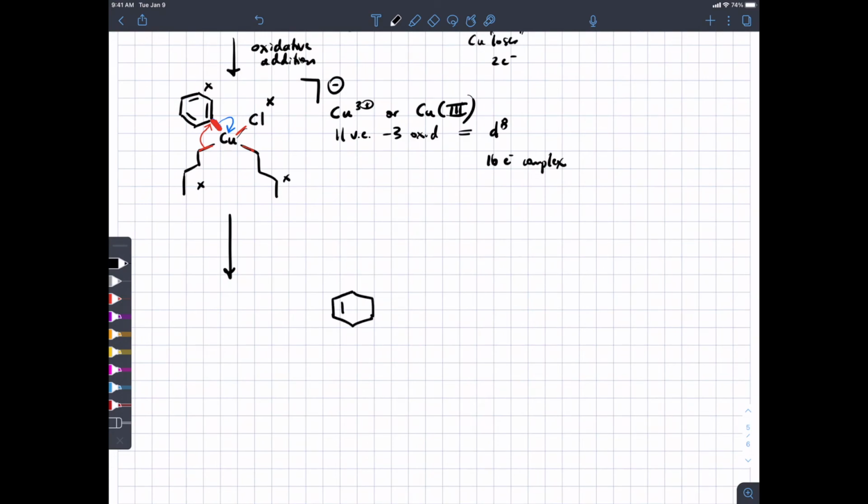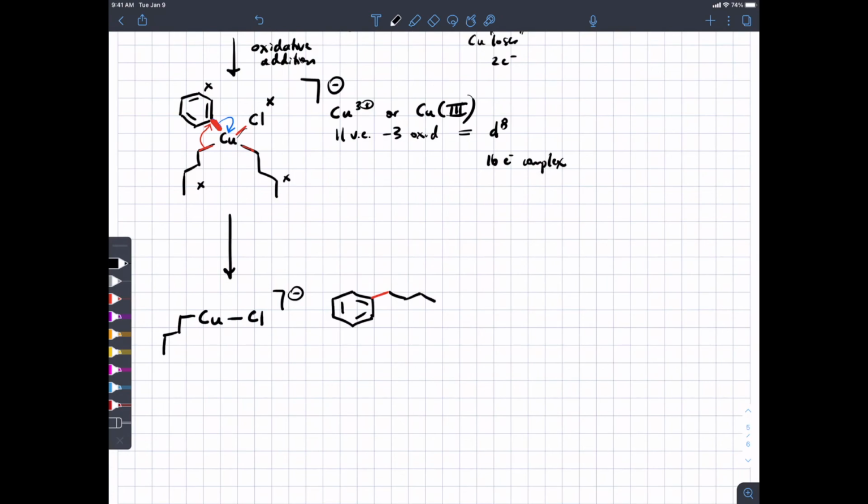So the new bond that we make is right here between the benzene ring and the alkyl group, 1, 2, 3, 4 atoms. What's left behind is this complex.